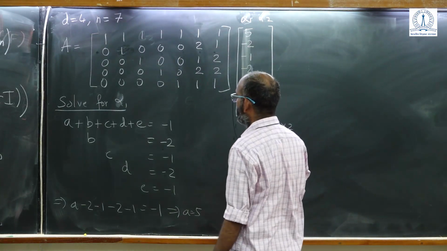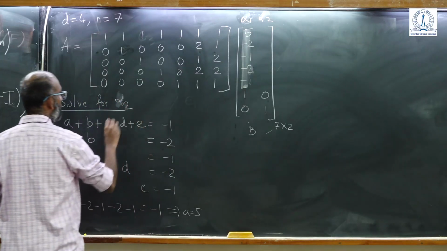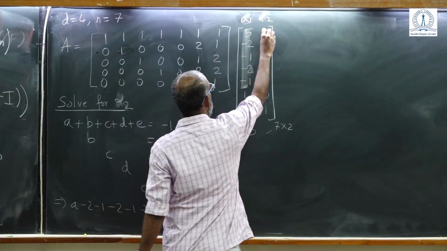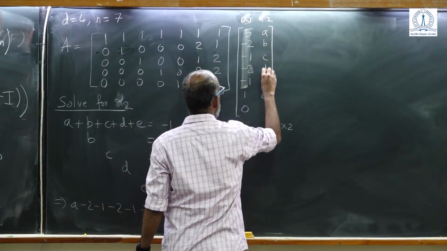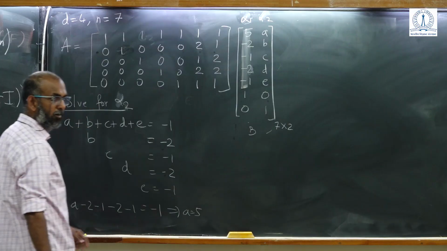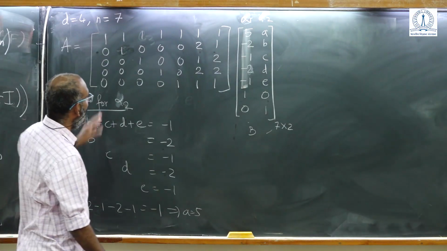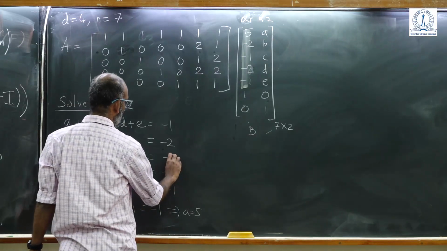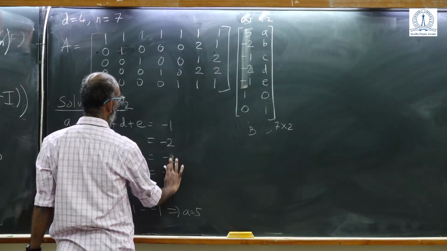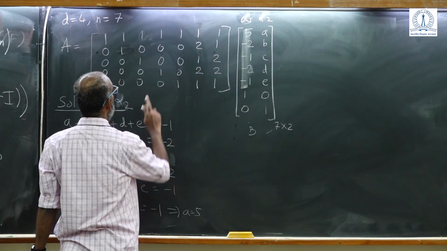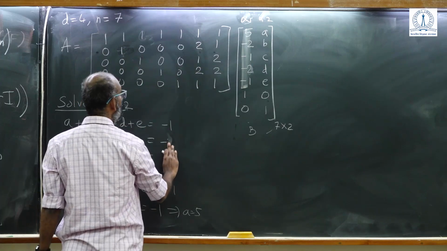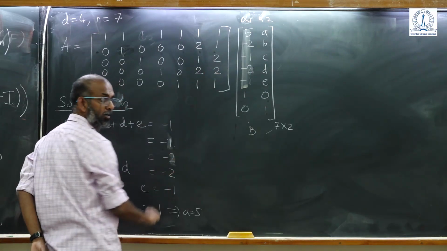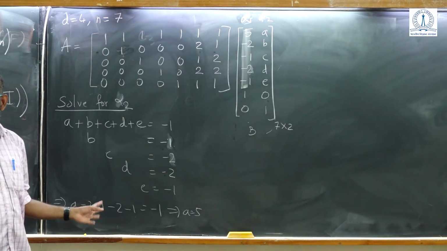Okay. Now let's do alpha 2. The first equation is the same. So now this is A, B, C, D, E. And now it's again the same except that I put the last. 5 minus 1. So B is minus 1. C is minus 2. Right? 2 E is the same.